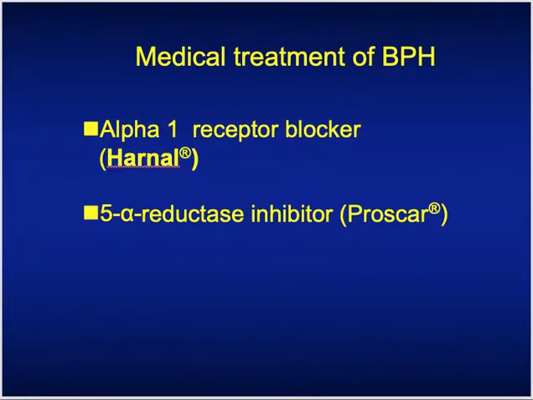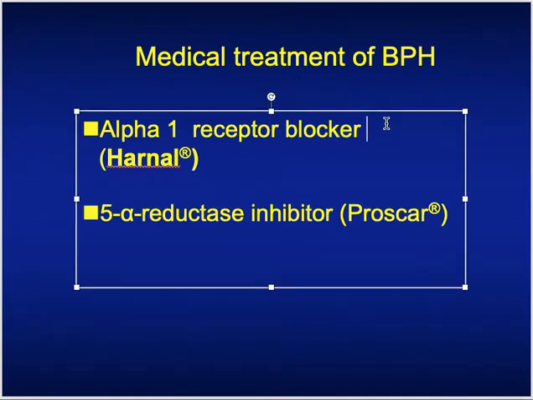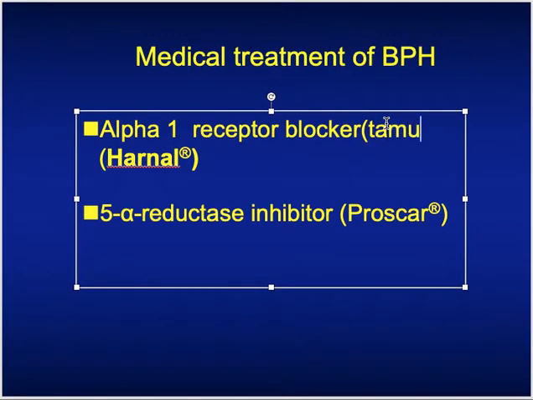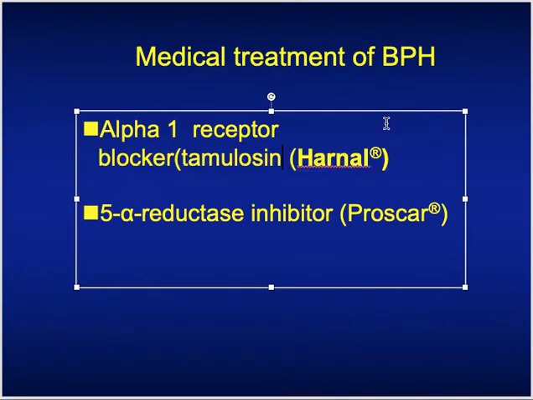Simply, alpha adrenergic blockers or 5 alpha reductase blockers, whatever you are using. The name of the alpha 1 receptor blocker you must remember is tamsulosin.